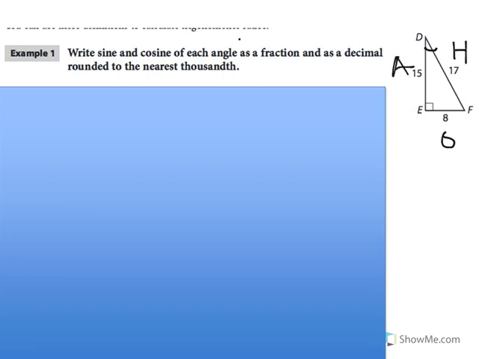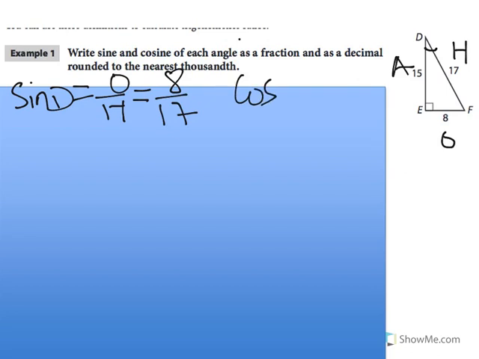So sine of angle D equals opposite over hypotenuse, which gives us 8 over 17, and cosine of angle D equals adjacent over hypotenuse, so it would be 15 over 17.